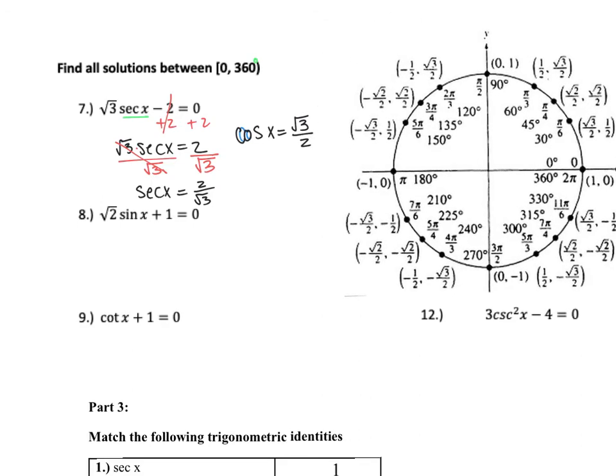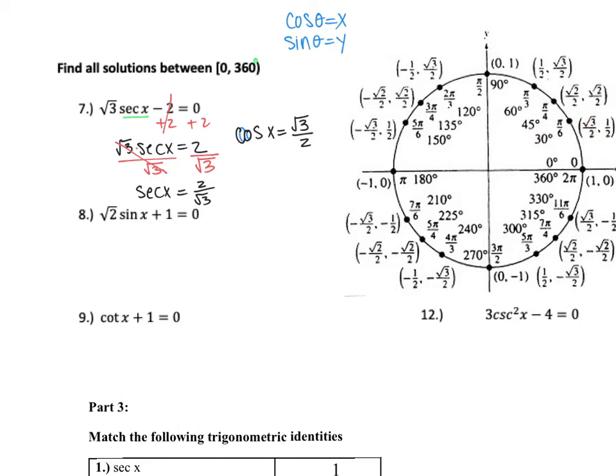So if I'm looking for cosine, which is the x value on the unit circle, whereas sine is the y value, notice this is a positive value. X values are only positive in the first quadrant and the fourth quadrant. So positive root 3 over 2 is right here at 30 degrees.